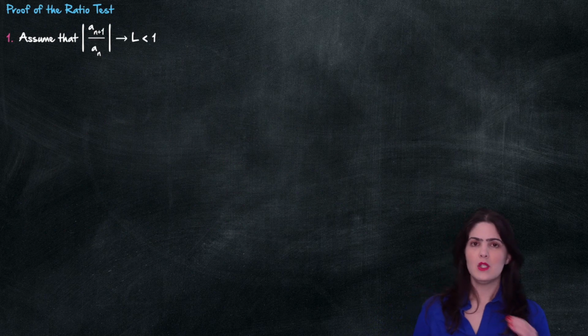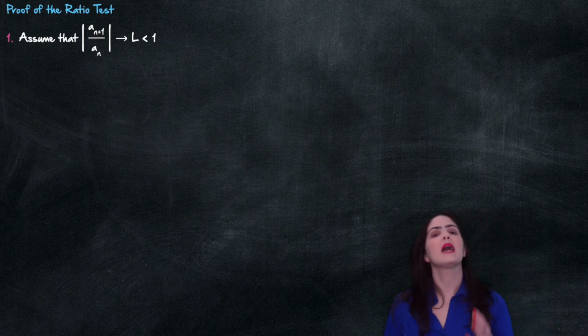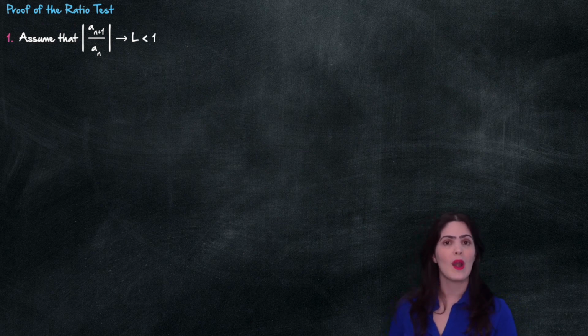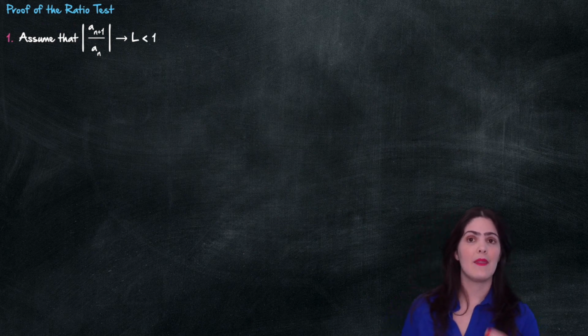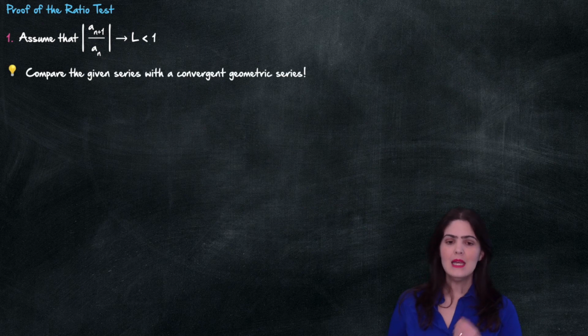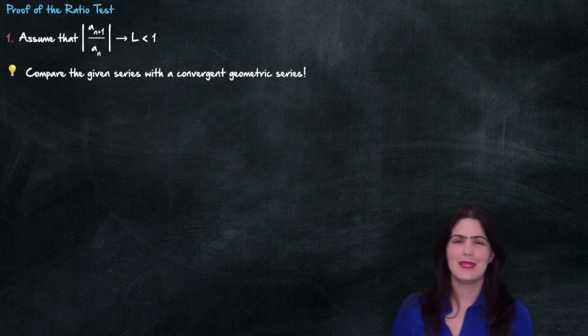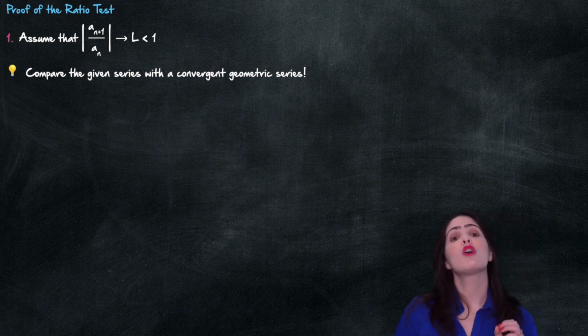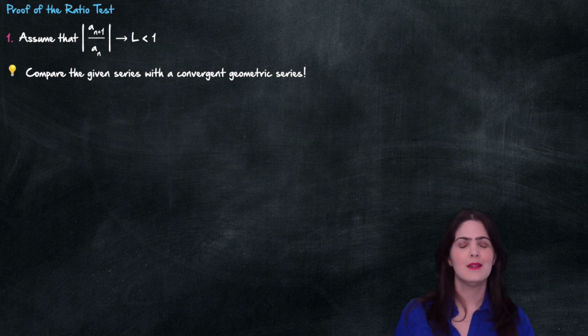Okay, so we're going to assume that the quotient a_{n+1} over a_n in absolute value converges to L, where L is strictly less than 1. And now, my idea here is that I'm going to compare this series to a convergent geometric series. I know, sounds insane, but you will see in a minute how we can do it.